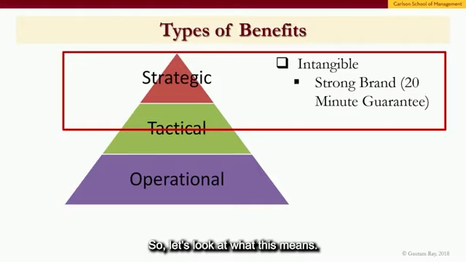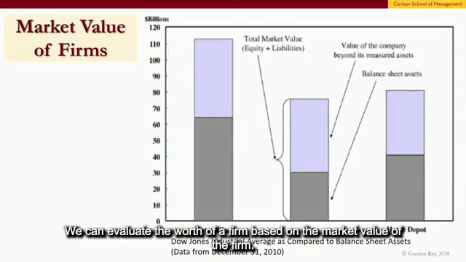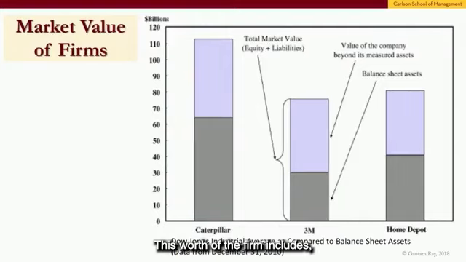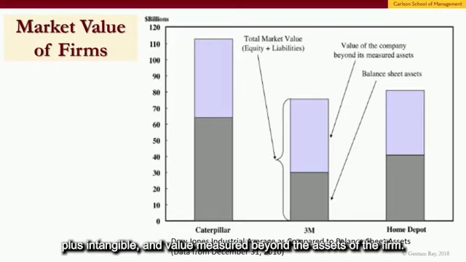So, let us look at what this means. We can evaluate the worth of a firm based on the market value of the firm, and this worth of the firm includes the value of its balance sheet assets plus intangible value measured beyond the assets of the firm.